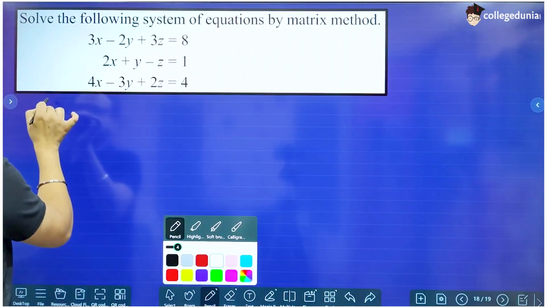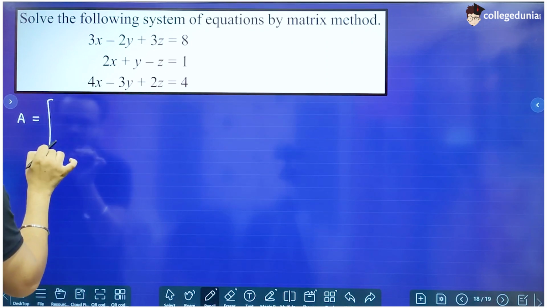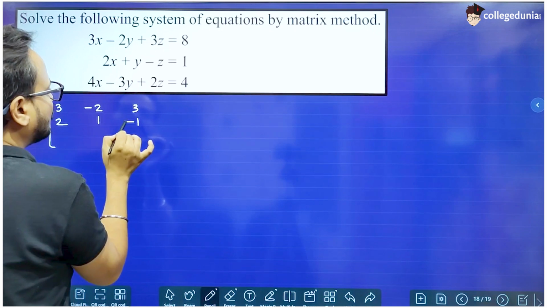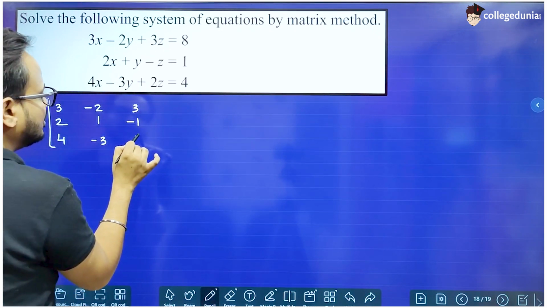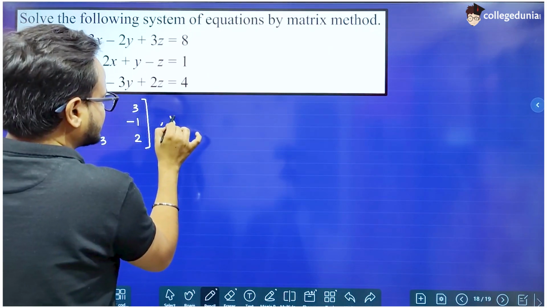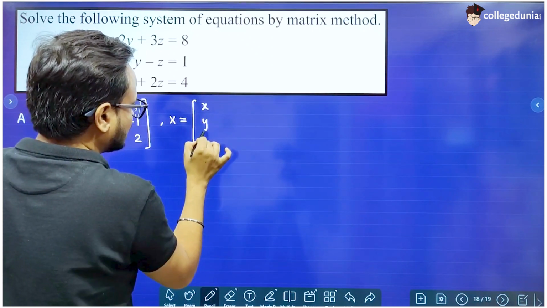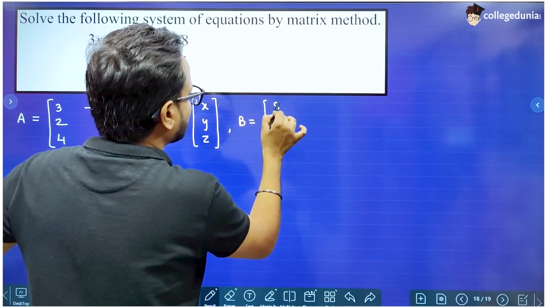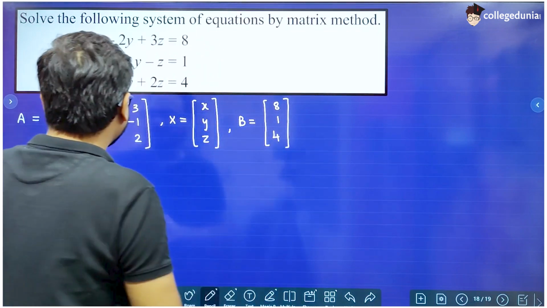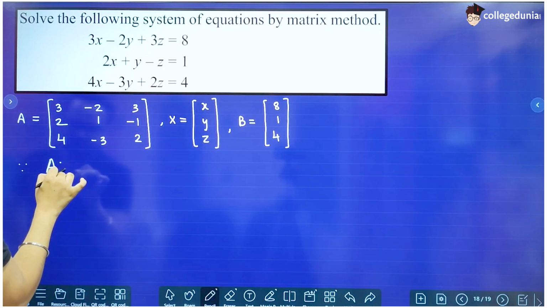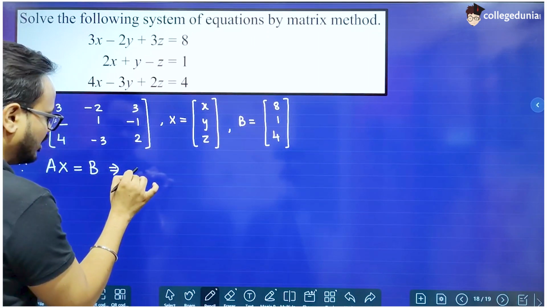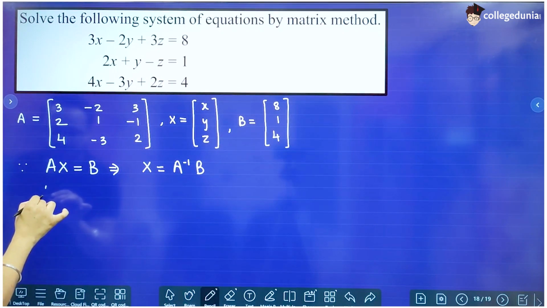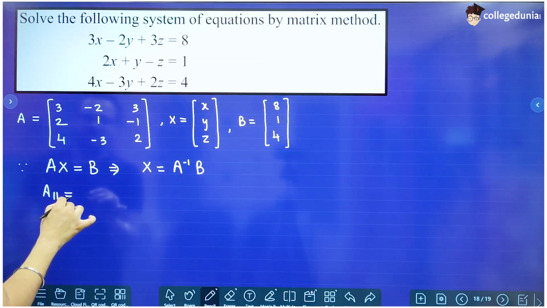Now let's first write the matrix A, which is 3 minus 2, 3, 2, 1, minus 1, 4, minus 3, 2, and x and B. Ax equal to B. So x is A inverse into B. So to find A inverse, we have to find the cofactors of the elements.